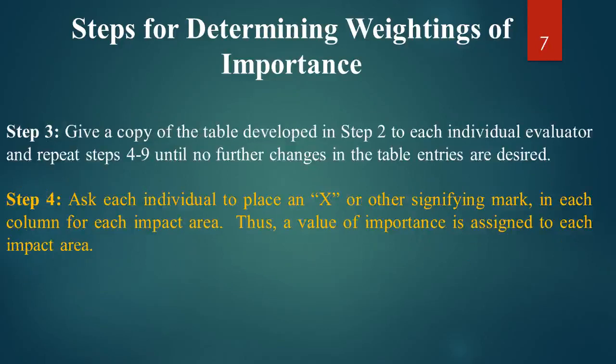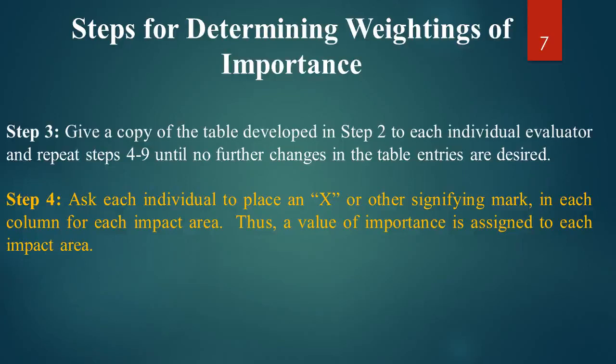In the third step, give a copy of the table developed in the second step to each individual evaluator and repeat steps 4 to 9 until no further changes in the table entries are desired.